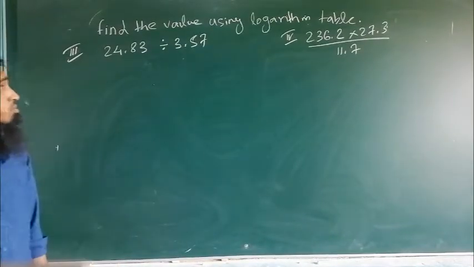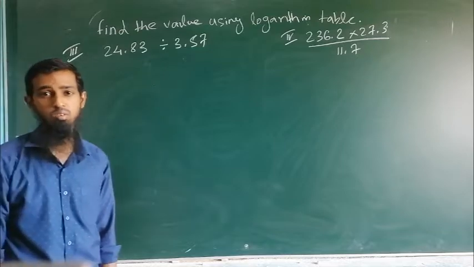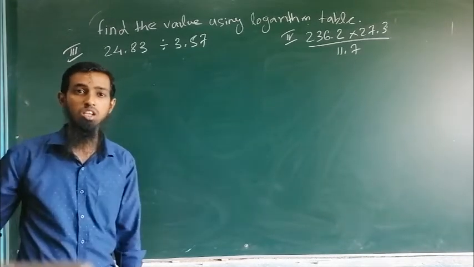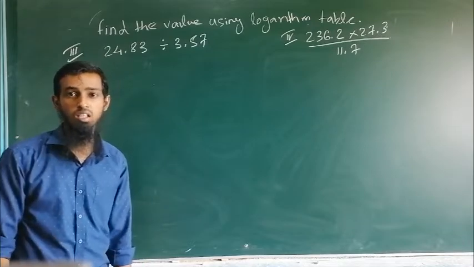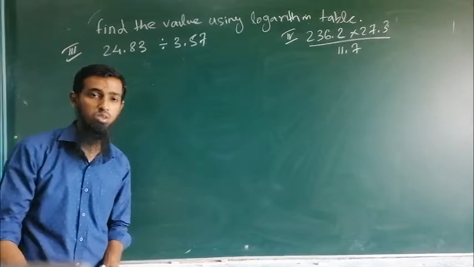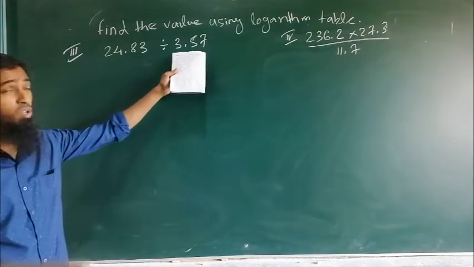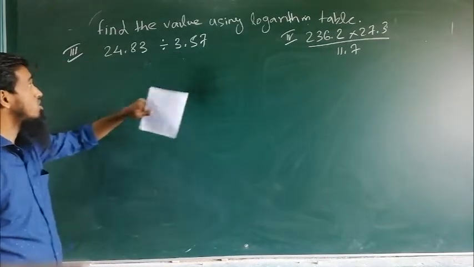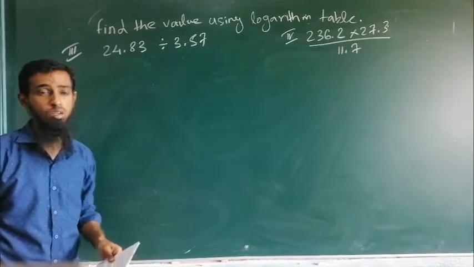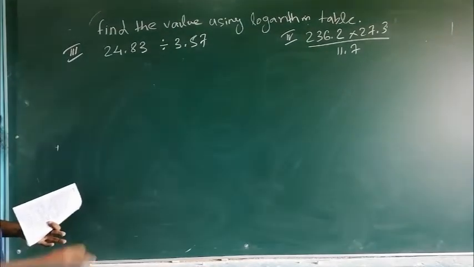What about division? If you have a decimal place in division, in any of the syllabus, you can't have any other method, because it is critical to remember the values of the decimal place on the denominator. So the easiest way is using the logarithm table. The steps are similar.